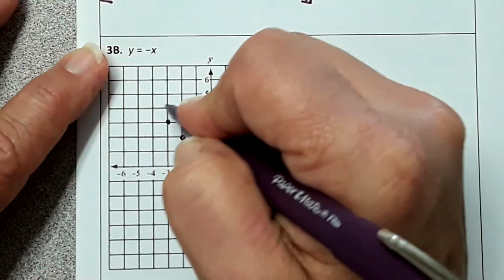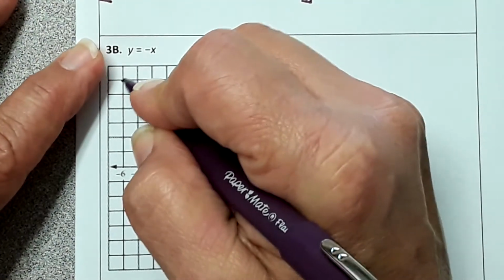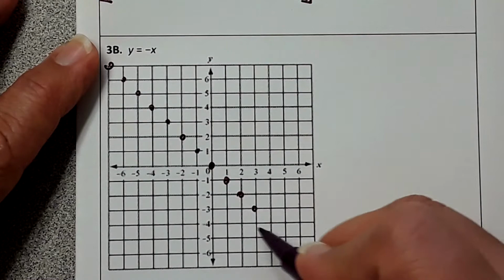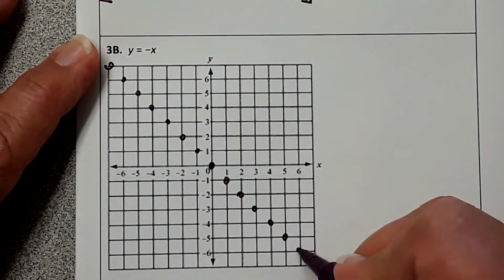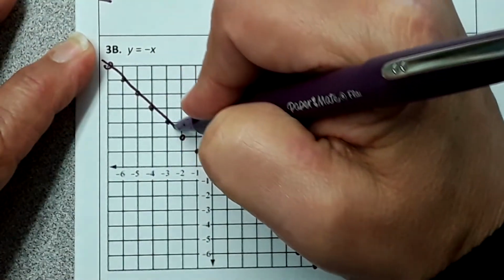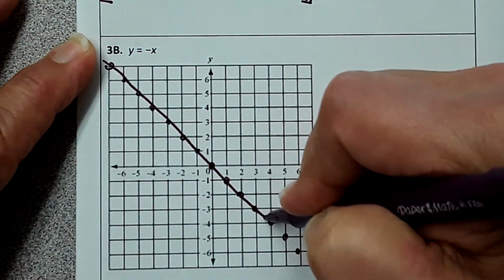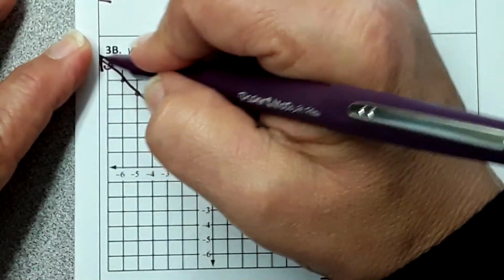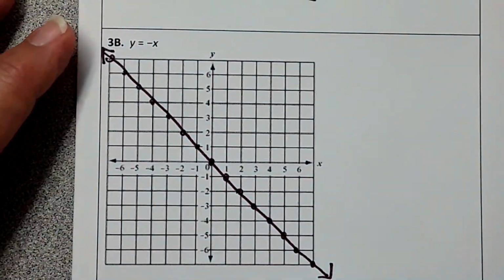And so it's just going to look like this. You guys, I always draw all my points. First of all, because my line's a lot straighter when I do that. And I get a better picture if I do all my lines.